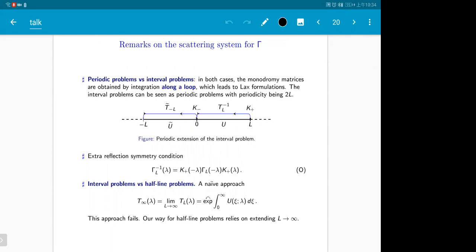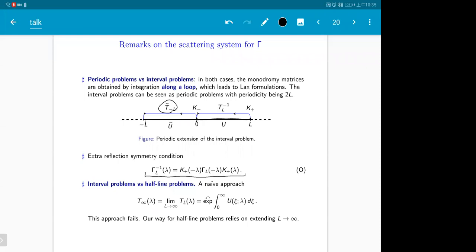Before, we considered the interval problem; if you extend this interval to a periodic problem with another extension from 0 to minus L, and with another set of T tilde, you can establish the equivalence between the periodic problem and the interval problem. This will lay the foundation for solving the interval problem in the future. And your double row monodromy matrix admits this kind of symmetry.